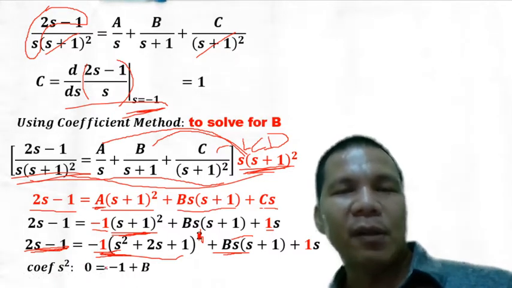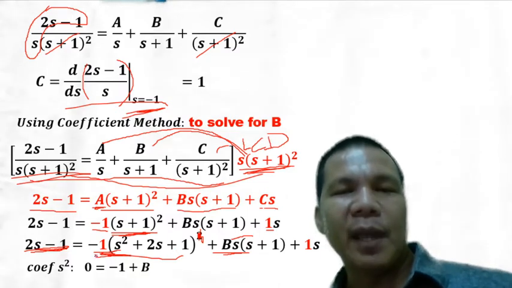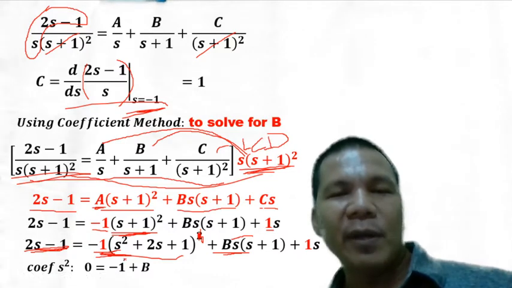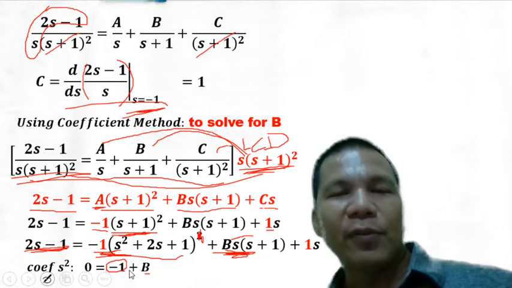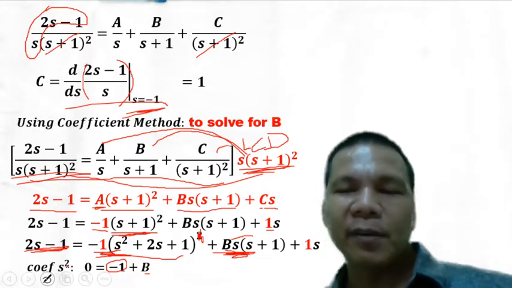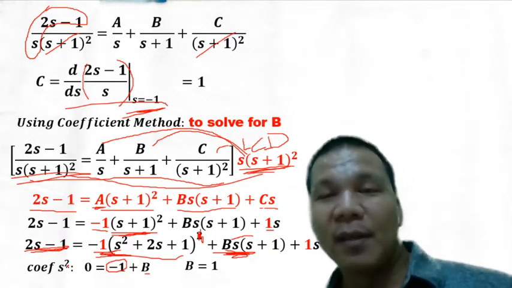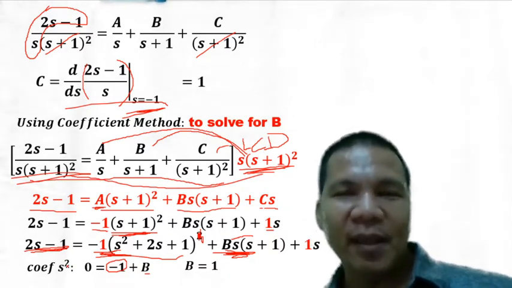So copy the equal sign. In the right side of the equation, we have negative 1 as the coefficient of s squared, and b here is the coefficient of s squared. Therefore, if we transpose negative 1 to the other side of the equation, you will have b equals 1. Now we completed the values of a, b, and c.